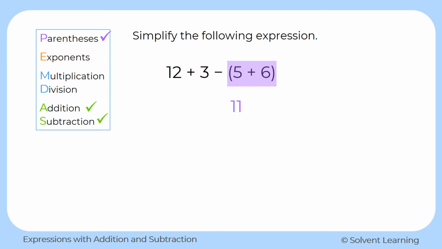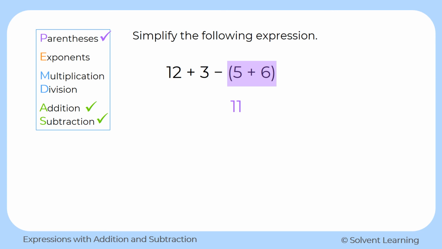Now to help you keep track of simplifying expressions that involve more than one step, it helps to be able to write the simplified version underneath, and we're going to write one step at a time. Don't try to do too much in your head because it's really easy to make mistakes and get things mixed up.